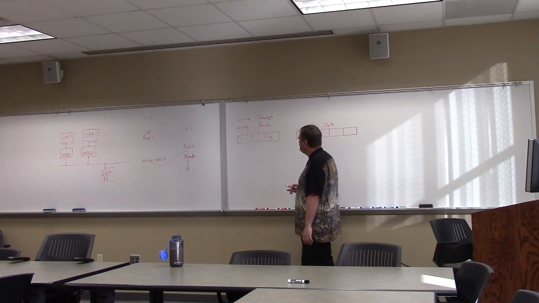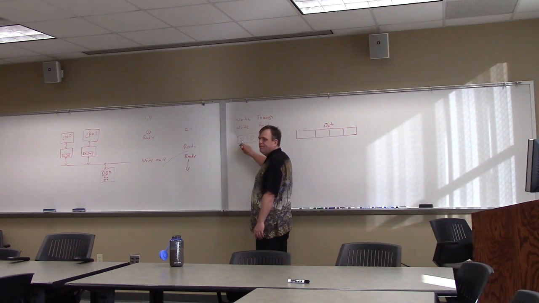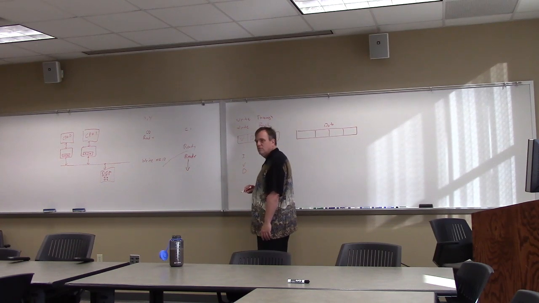Now, if you think about it, these two bits together, this says is it valid or not, this says is it dirty or not. But the dirty bit doesn't matter unless the valid bit does. Right? So I'm trying to say, check whether it's invalid, whether it's valid, and whether it's dirty as I'm measuring between these.